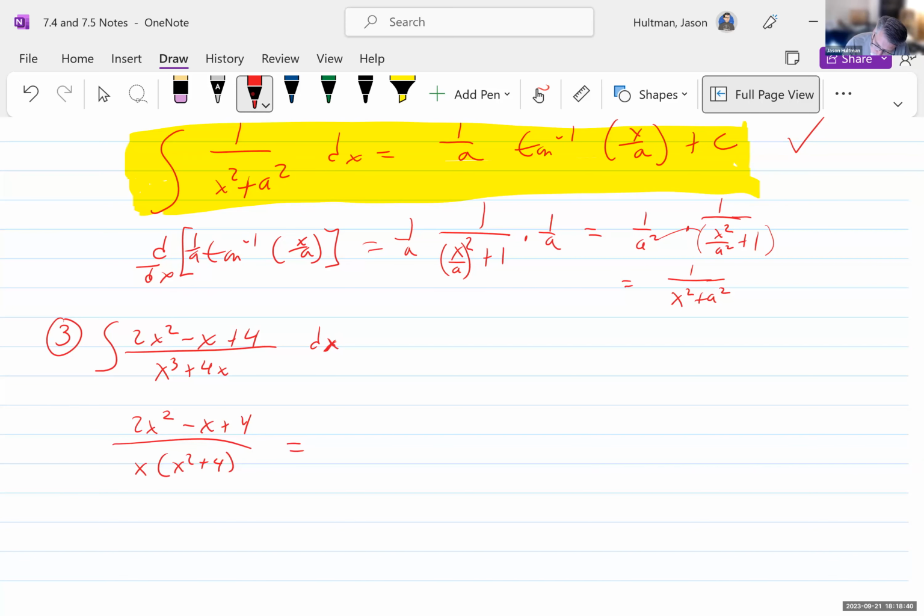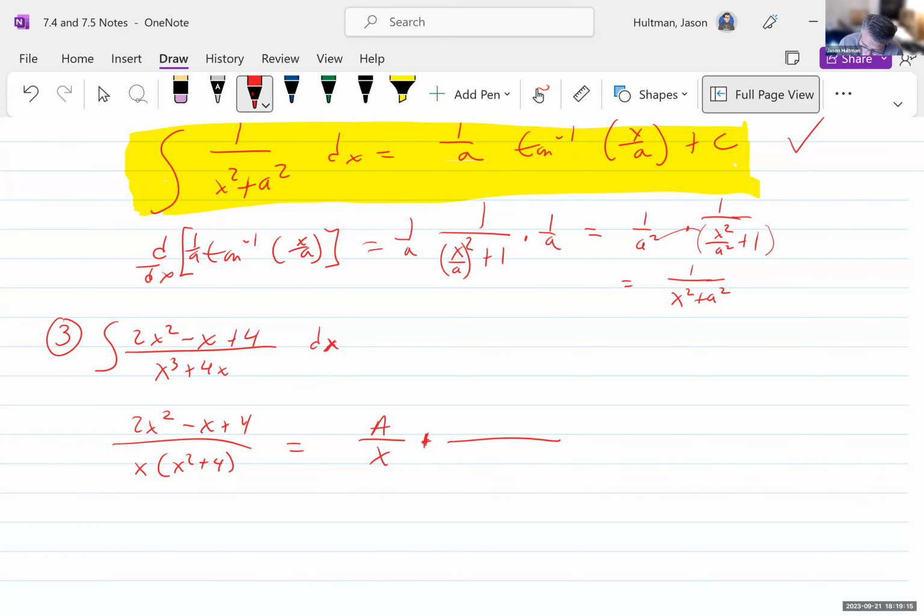Well, we can still break this up. It's a over x, because x is a linear factor, so I can put a. However, x squared plus 4 is not linear, it's quadratic. And so we always have to go one degree less complicated, or one power less, in our denominator.